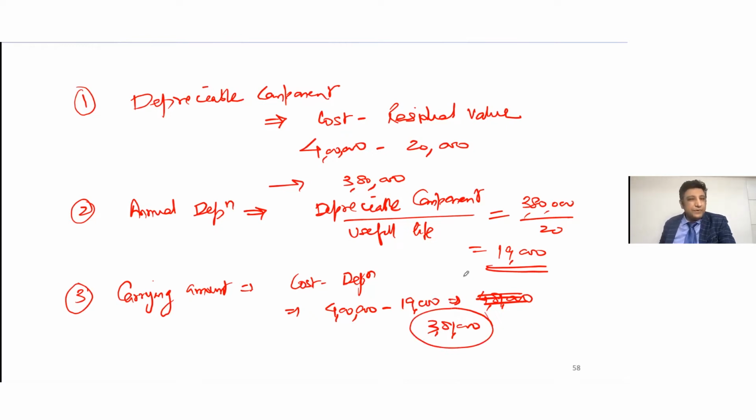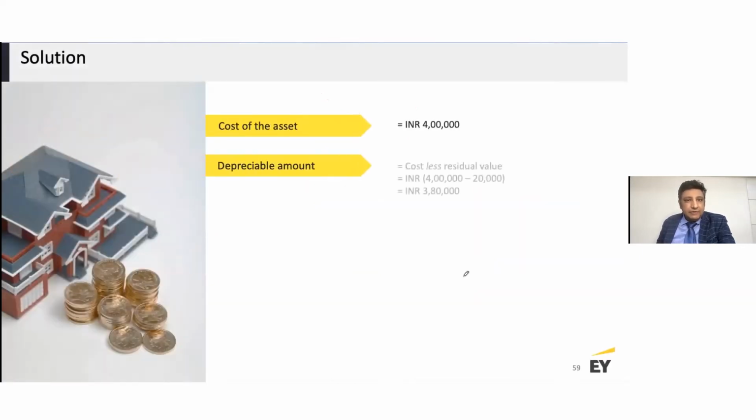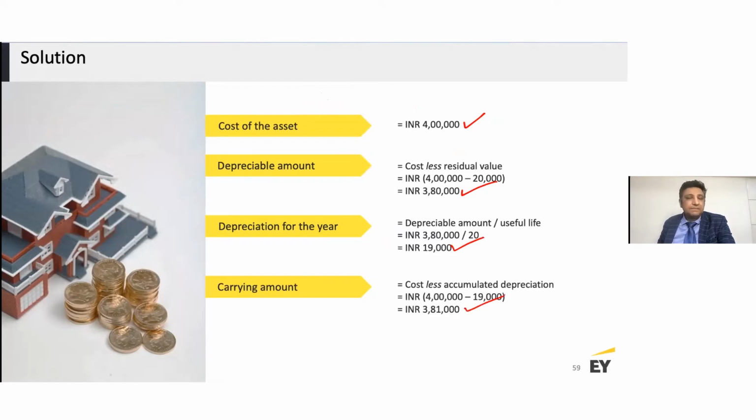That's a straightforward direct question to address. All right. Let's have a look at the solution formally. We are provided with the cost of the assets 4 lakh rupees, depreciable amount is 3,80,000 rupees, depreciation for the year is 19,000 rupees, and eventually the carrying amount is calculated at 3,81,000. All right.